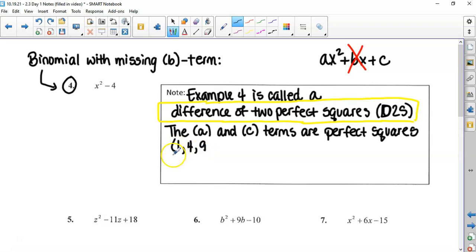Where am I getting this list? 1 squared is 1, 2 squared is 4, 3 squared is 9, 4 squared is 16, 5 squared is 25, and the list keeps going. 36, 49, 64, right? 81, 10 squared, 100, 11 squared, 121, and the list keeps going.